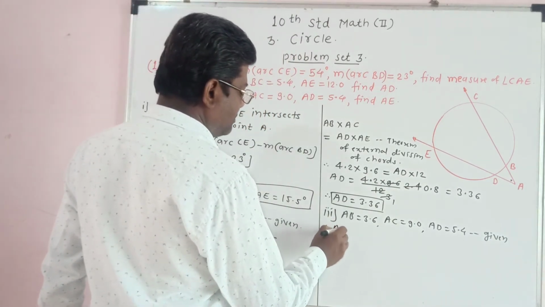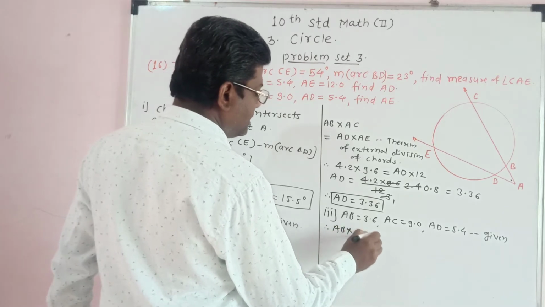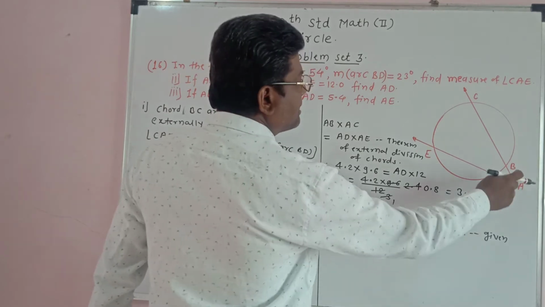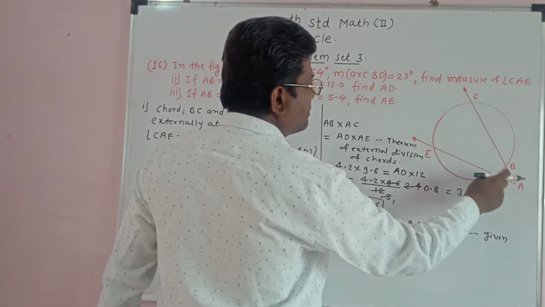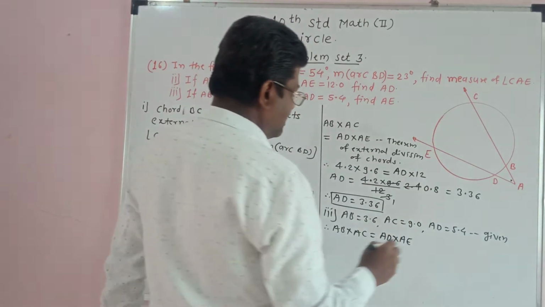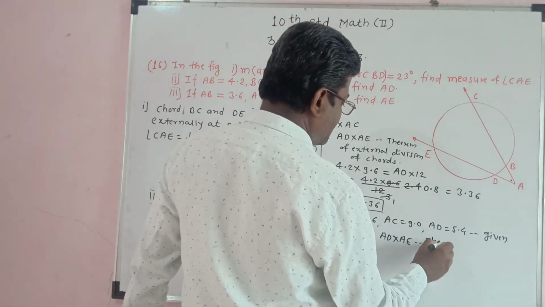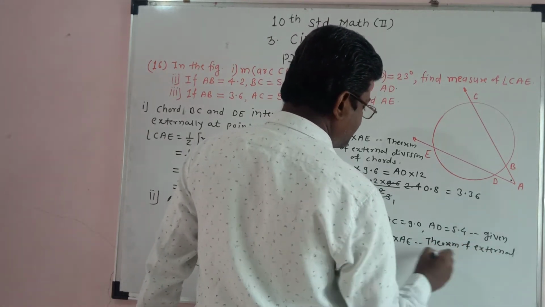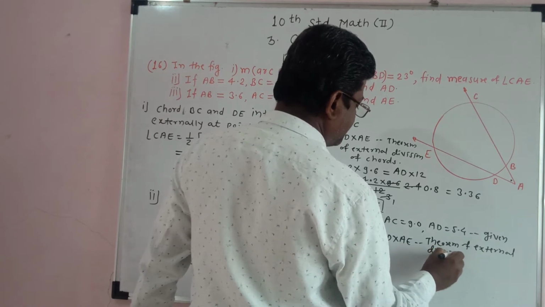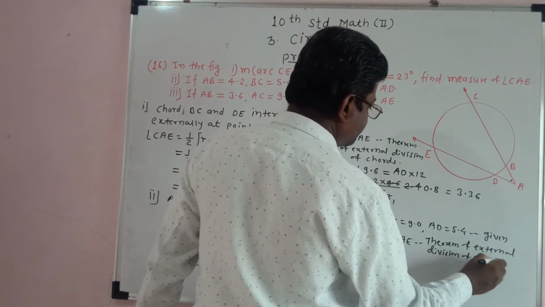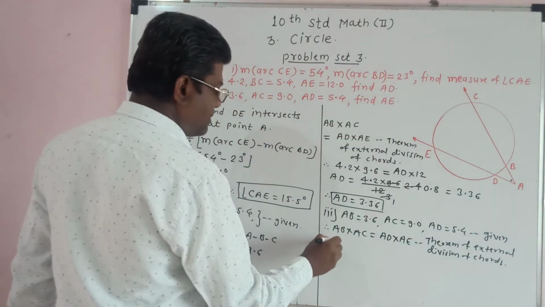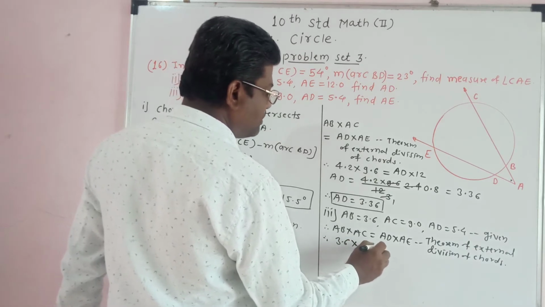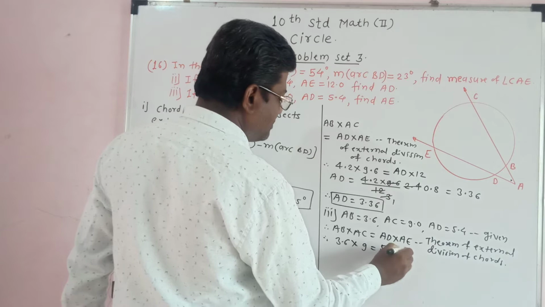Therefore, AB into AC is equal to AD into AE, by the theorem of external division of chords. Therefore, AB is 3.6 into AC 9 is equal to AD 5.4 into AE, which we have to find.